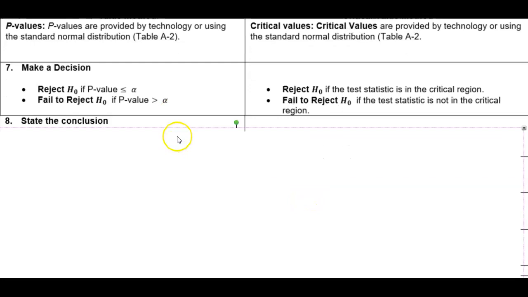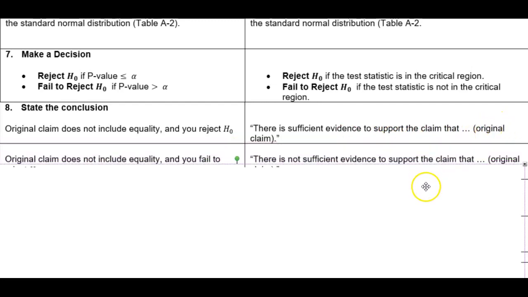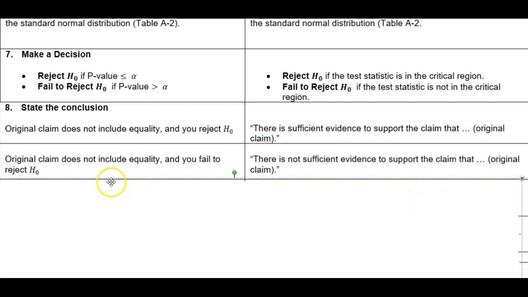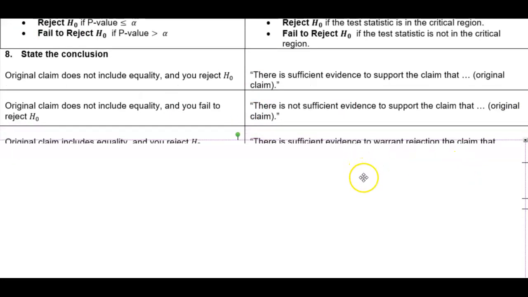Then number 8, you're going to state the conclusion. If the original claim does not include equality and you reject the null, you would state that there is sufficient evidence to support the claim that, followed by the original claim. If the original claim does not include equality and you fail to reject the null hypothesis, then there is not sufficient evidence to support the claim that, followed by the original claim.